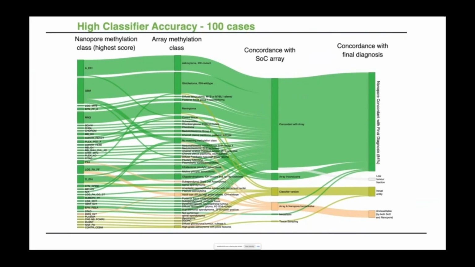We have some novel entities. We have some samples where whether we'll detect them is classifier version specific, and only a minority have struggled from a low tumour fraction. There are some which are unclassifiable both by standard of care and Nanopore. So we're very happy with what we're seeing.